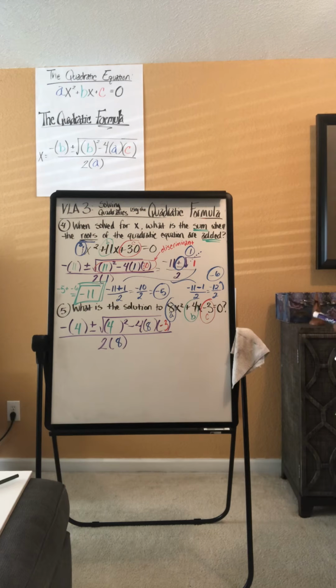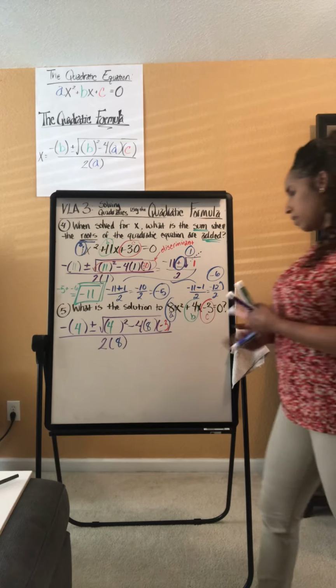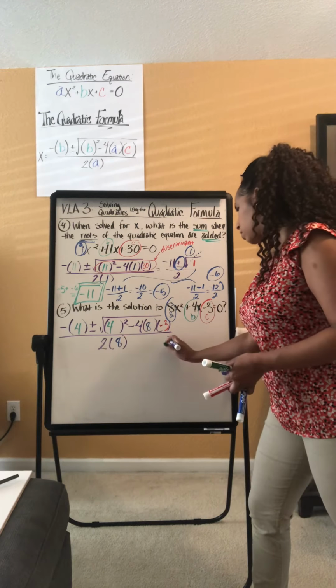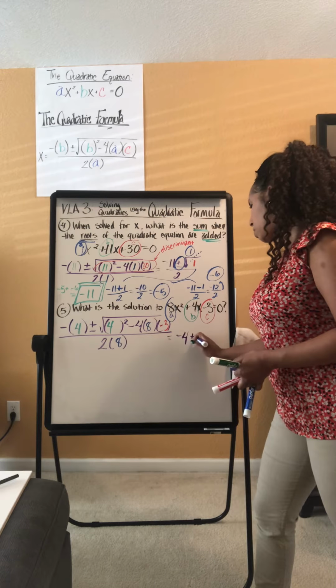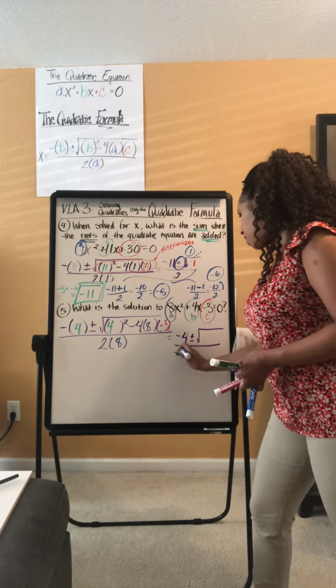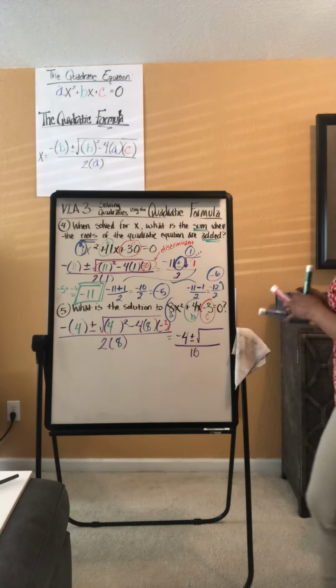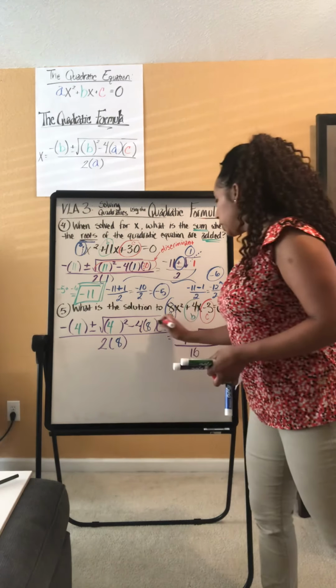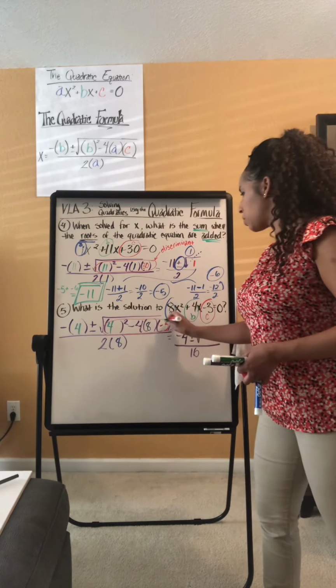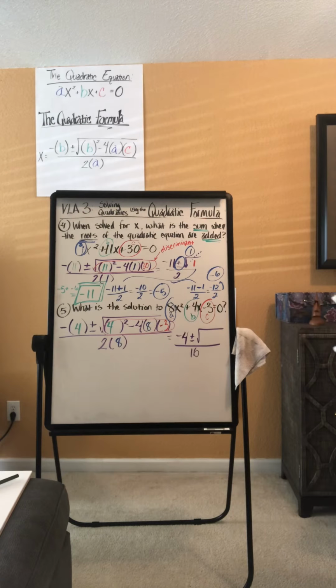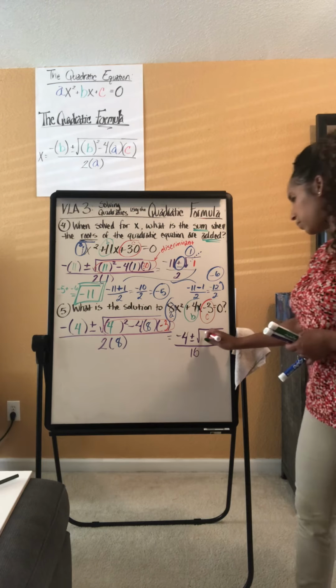All right, this one, I do negative 4 plus or minus the square root of something all over 2 times 8, which is 16. So I will put it into my calculator, the 4 squared minus 4 times 8 times negative 3, and it will give me 112.